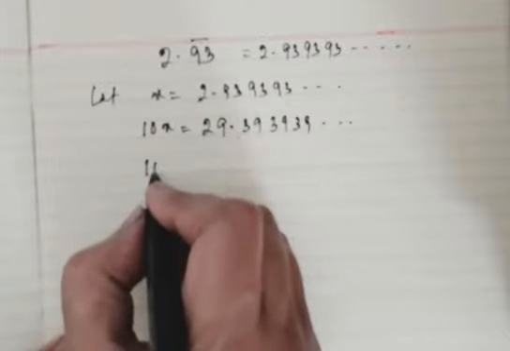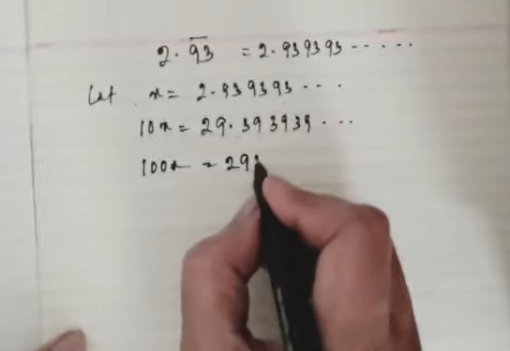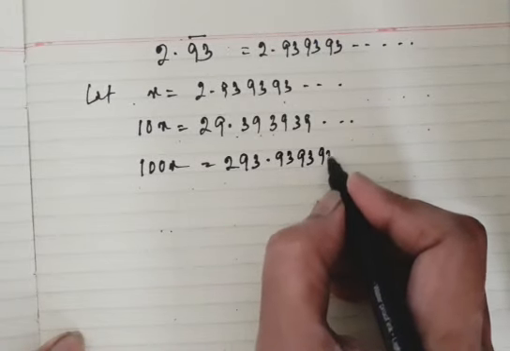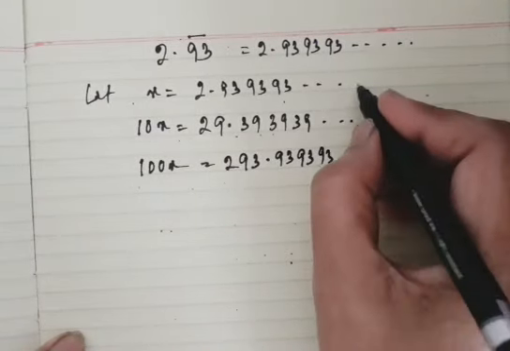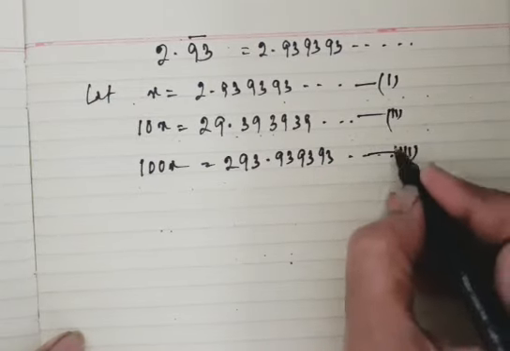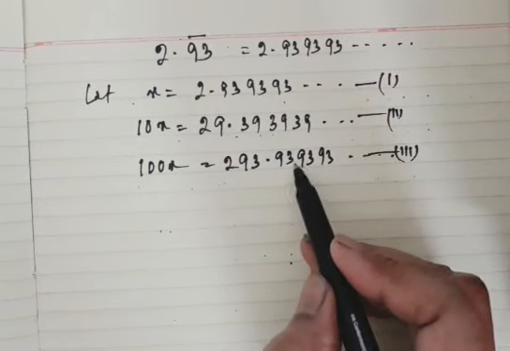But if I take 100x, again the decimal has to be shifted, and we get 293.939393 like this. If we name the equations like this, you see in equations 1 and 3 the decimal parts are equal.